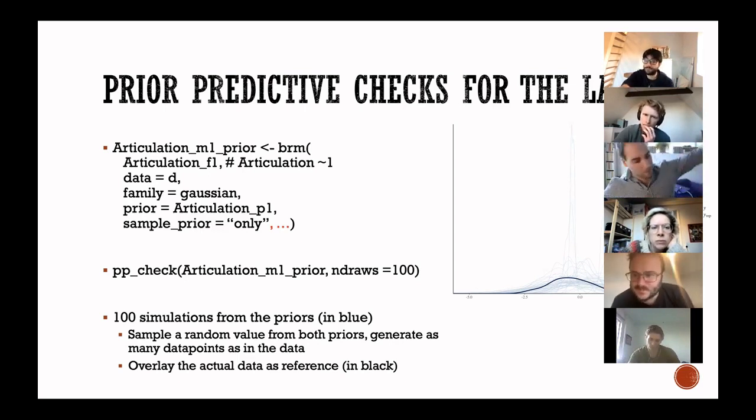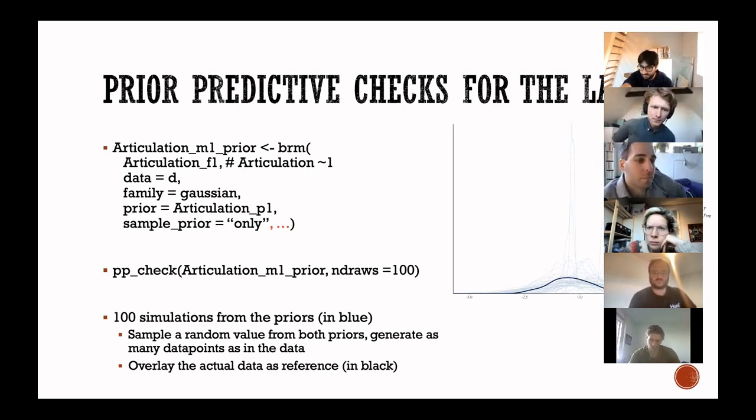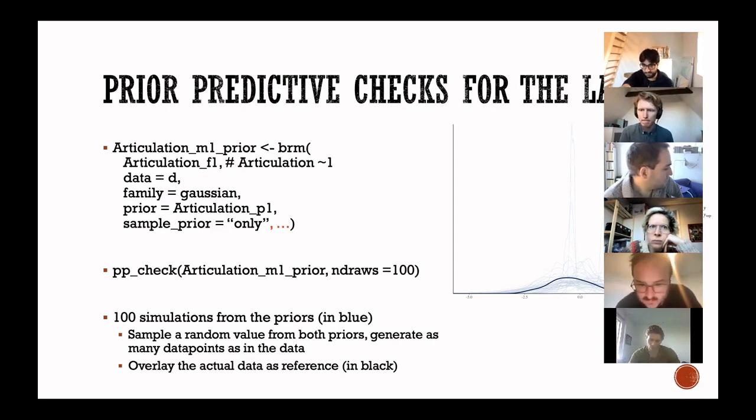Once we've run that, there is a nice function called pp_check, predictive check, where we give it the model, we say to draw from the model 100 times, and we get the plot on the right. Each of the blue lines is a sampled outcome from the model, and the black line is the actual data. What does it mean to sample 100 times from the model?